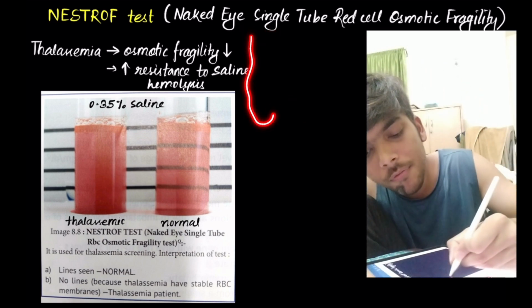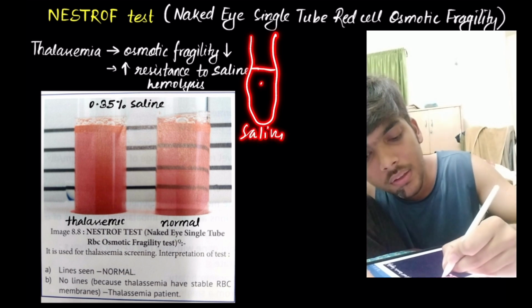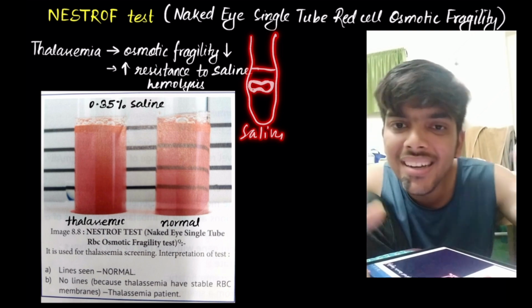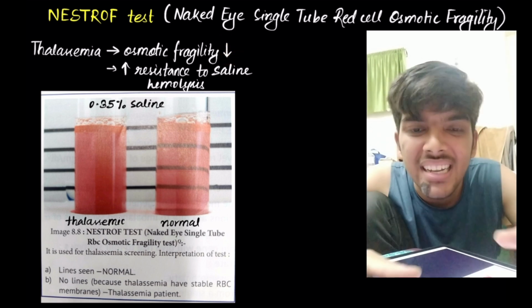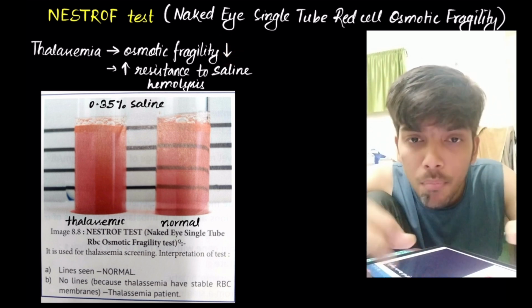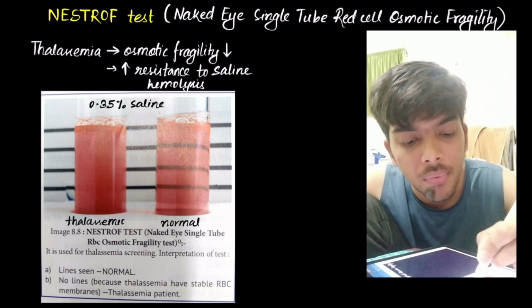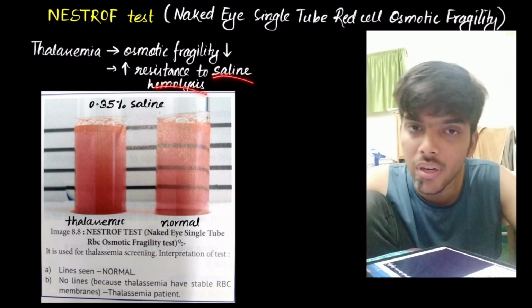But if you put a red blood cell with thalassemia in the same saline water, this thalassemic red blood cell does not rupture. Why? Because there is a reduced fragility. It is less fragile, more strong against what? Against osmotic pressure. It has more resistance towards saline water, or saline hemolysis.